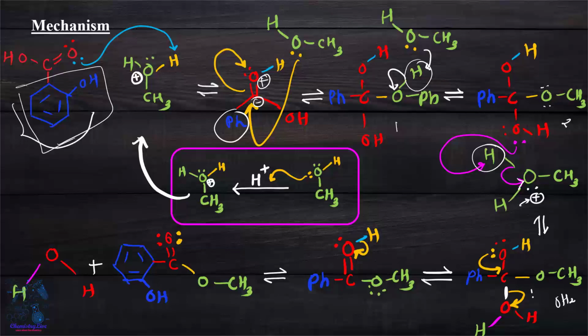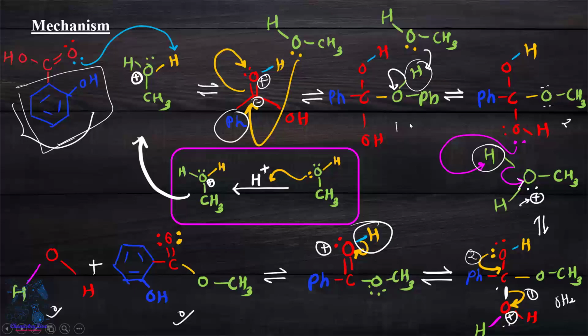Because of the positive charge, that bond shifts here first, and then the carbon becomes electron deficient, so the lone pair also shifts here. When the bond pair and lone pair shift, the oxygen becomes positively charged, so the H bond pair shifts towards the oxygen atom, and we get our compound, called methyl salicylate, and a water molecule. So that is the reaction mechanism of methyl salicylate.